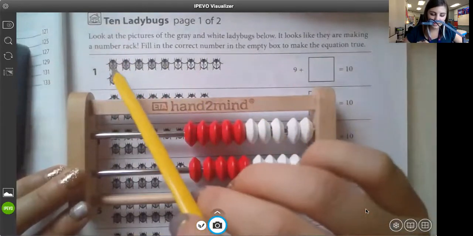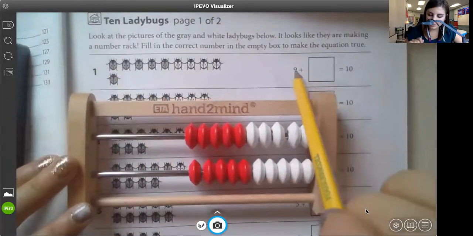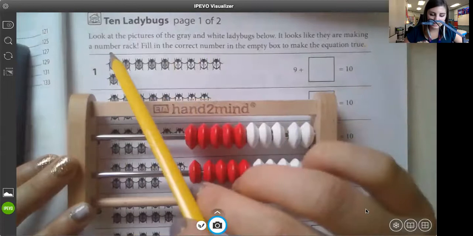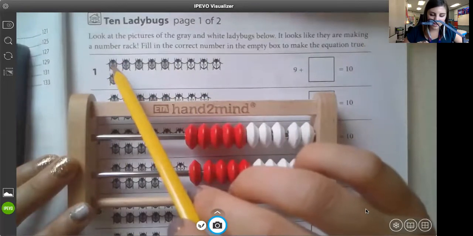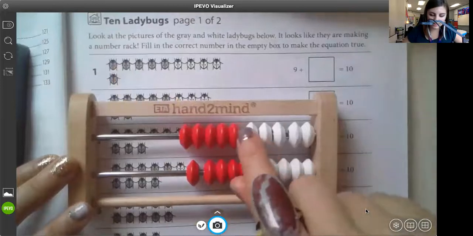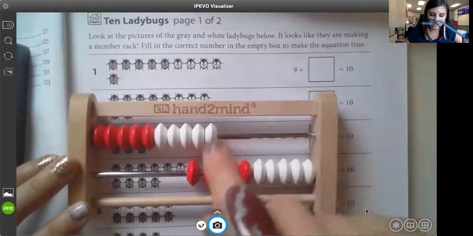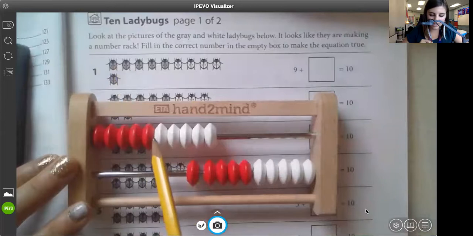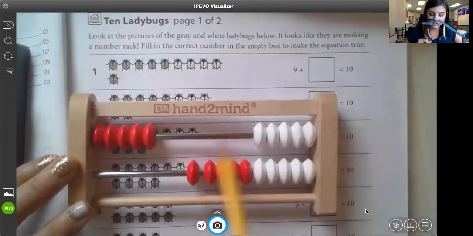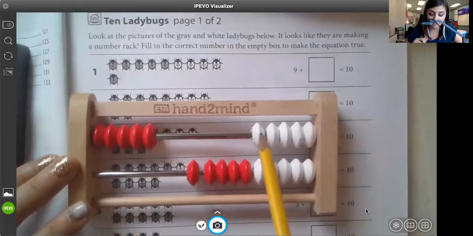Let's see. I see that the equation says 9 plus something equals 10. Let's count how many ladybugs there are. 1, 2, oh, do you see as my red connects to my white? If I see white, I know that this is going to be a full set of red. This is going to be a full set of 5.